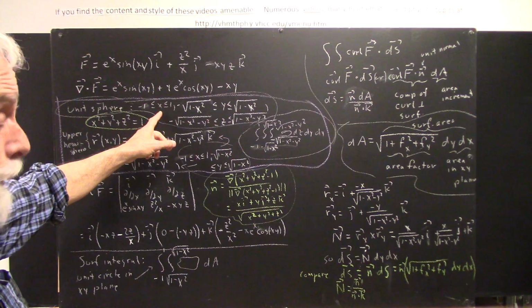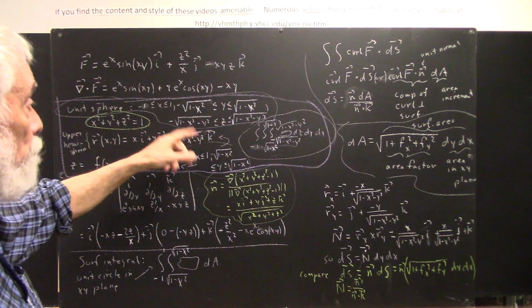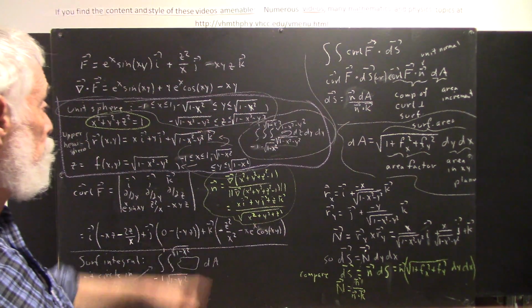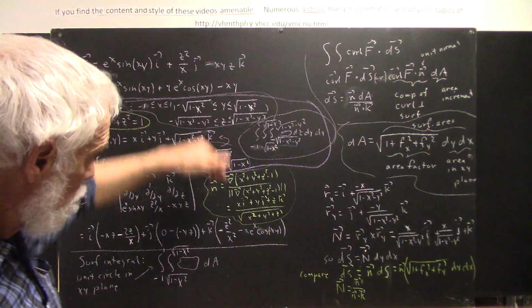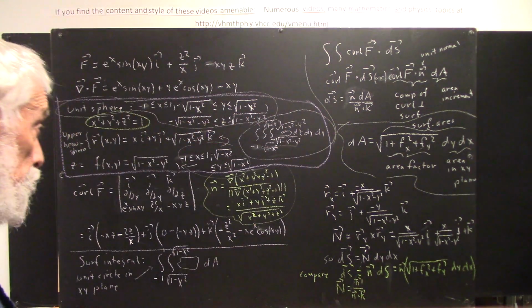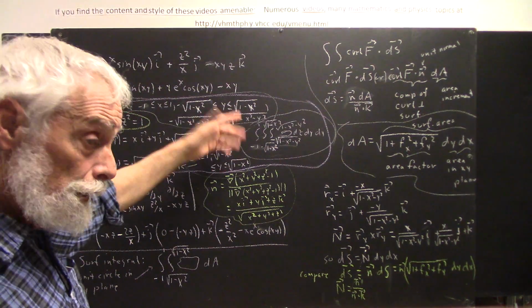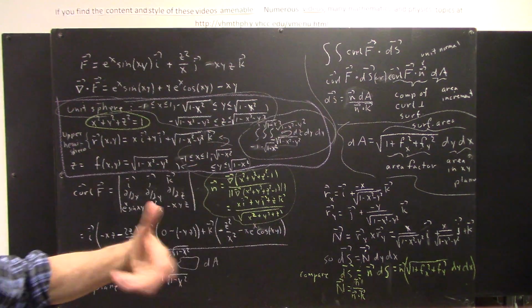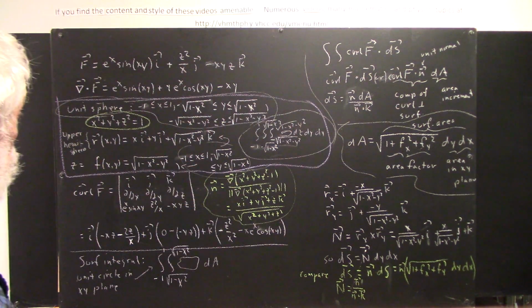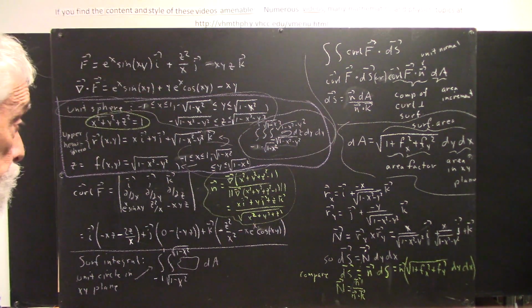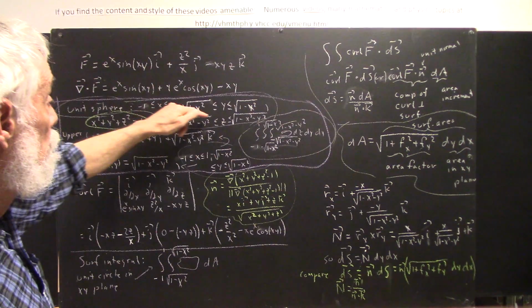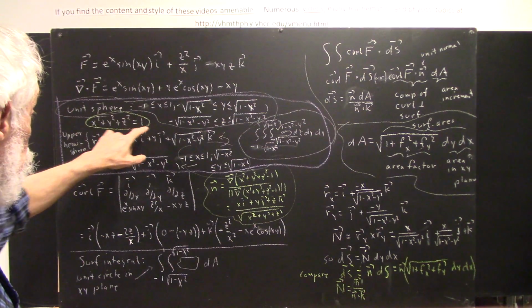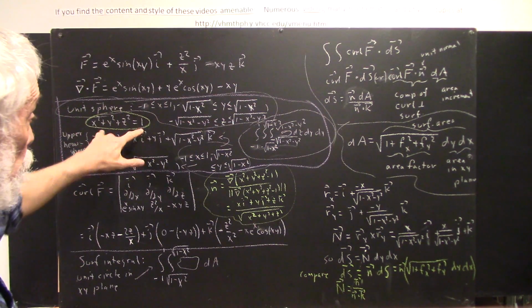One way of describing it is x goes from negative 1 to 1, y goes from negative square root of 1 minus x squared to the square root of 1 minus x squared, and z from negative square root of 1 minus x squared minus y squared to the square root of 1 minus x squared minus y squared. I'm not going to discuss that because we've done that already, and we should be familiar with ways to parameterize spheres. This is the set of inequalities we need to use if we use this functional equation to describe the sphere.